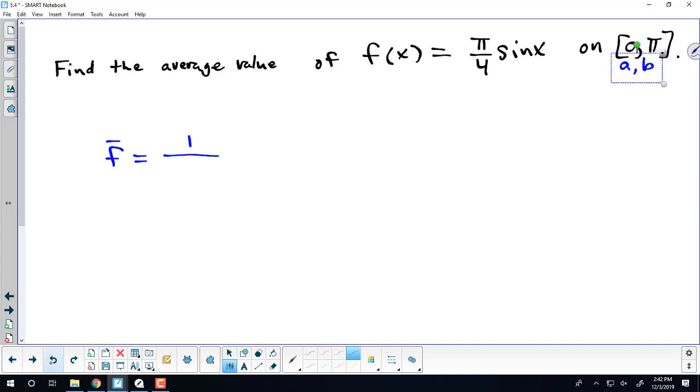So we have 1 over pi minus 0 times the integral from 0 to pi on this function.